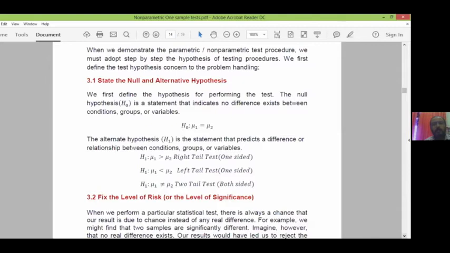When we take mu1 greater than mu2, that is right tail one sided, and mu1 less than mu2 is left tail one sided, and mu1 not equal to mu2 means both sided, that is called a two tail test. These are the possible alternatives we have to check. First we set the hypothesis of any problem which we are handling, even if you go parametric or non-parametric test.